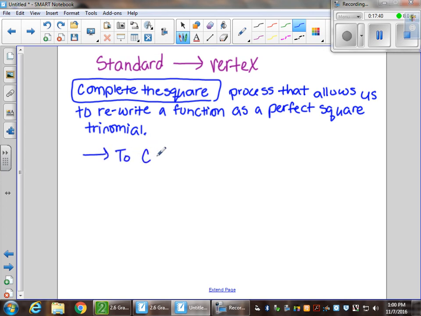To complete the square. So we'll use CTS as an abbreviation, complete the square.